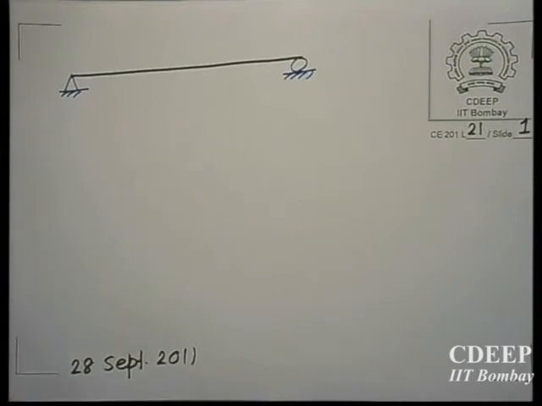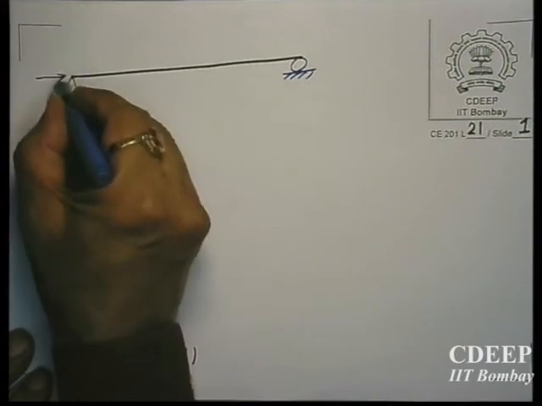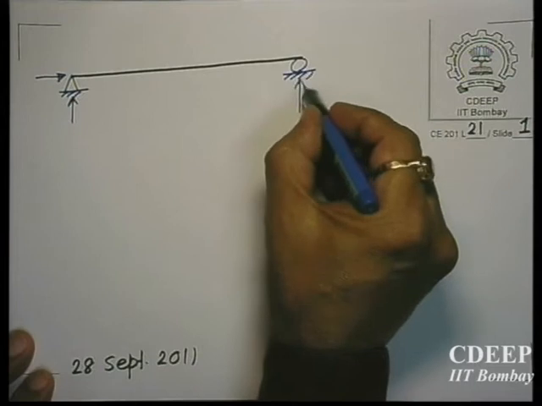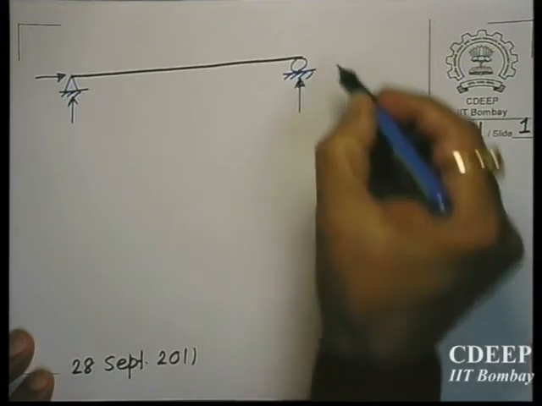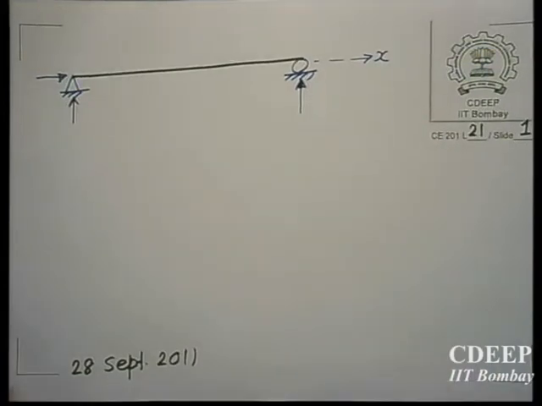You will have two reactions here and one reaction here, only vertical, because it is free to move in the x direction. So, three unknowns can be solved by the three conditions of equilibrium in a rigid body. Therefore, this is a simply supported determinate beam.